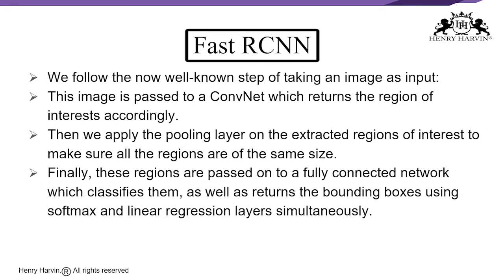Then it classifies as well as outputs the bounding boxes using softmax and linear regression layers simultaneously. So this is how Fast RCNN resolves two major issues of RCNN that we faced already, right? Instead of passing 2000 regions per image to the ConvNet, it passes one, and it uses one instead of three different models for extracting features, classification, and generating bounding boxes.